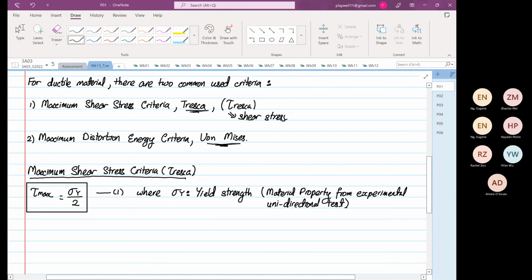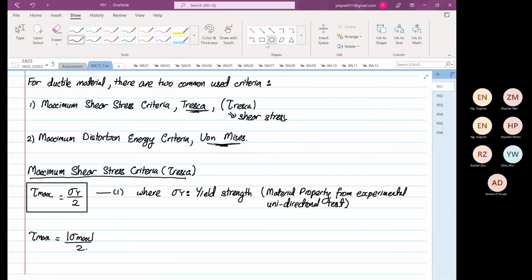The other equation that I'm going to write is tau max also equal to the absolute value of the maximum stress divided by 2.